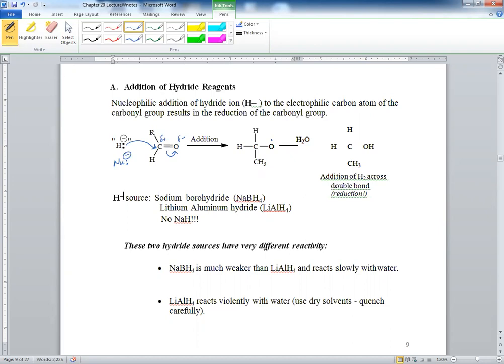You get an oxygen with the negative charge. Then you protonate this oxygen, and you end up with an alcohol. So this is the reaction pathway.